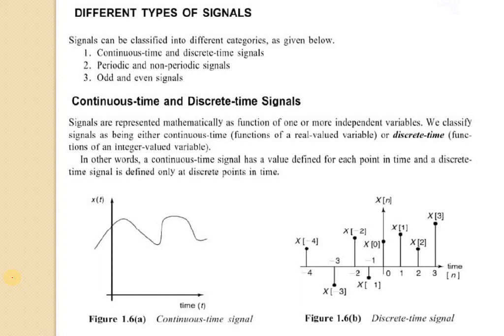Signals are represented mathematically as a function of one or more independent variables. We classify signals as either continuous time or discrete time. Continuous time means a function of real valued variables, and discrete time means integer valued variables.